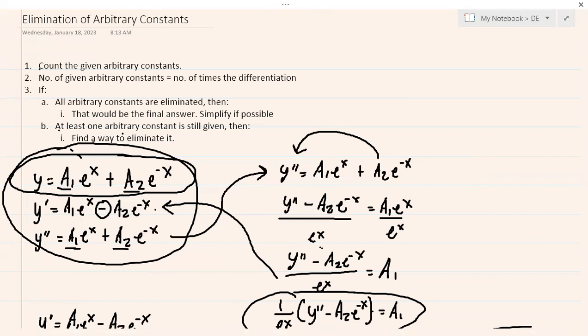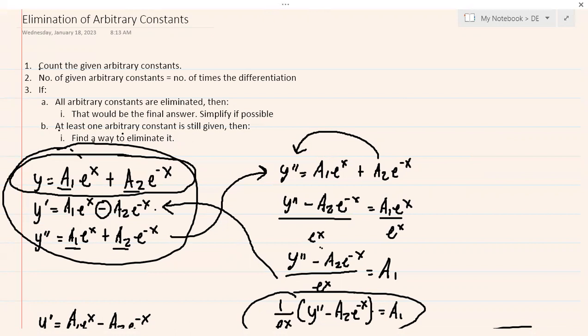If there's a way which is paggamit ng substitution method, then why not ilagay ko dyan, use substitution method to eliminate the arbitrary constant instead of find a way to eliminate it. It's because there are other methods na pwede mo pala siyang gamitin to eliminate.